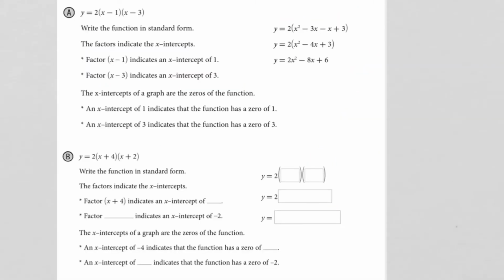So the part I alluded to when you were looking at a quadratic function when it's in factored form is that in factored form you actually can know the x-intercepts of the parabola, and that is essentially what this example A is trying to indicate.